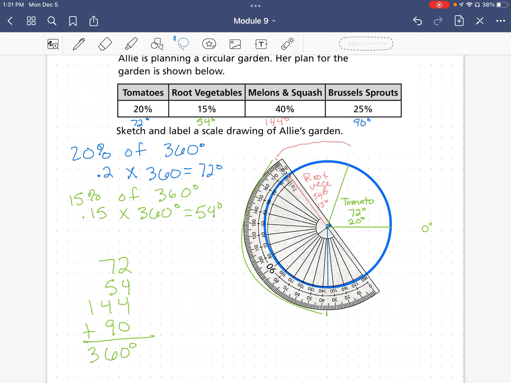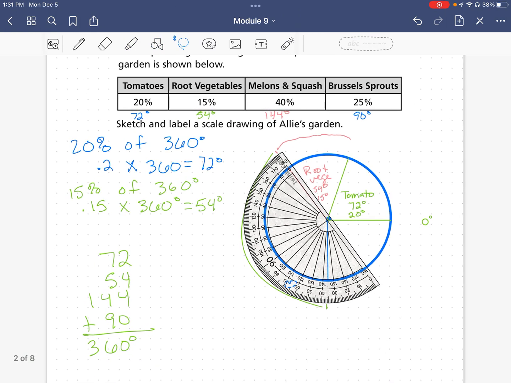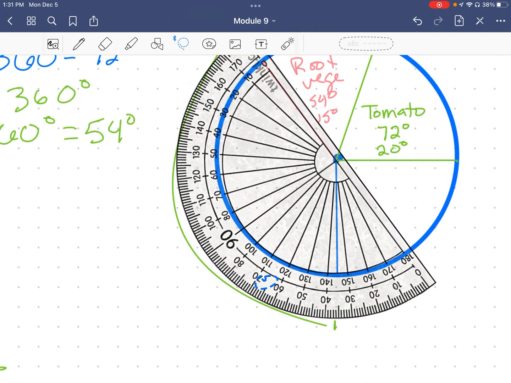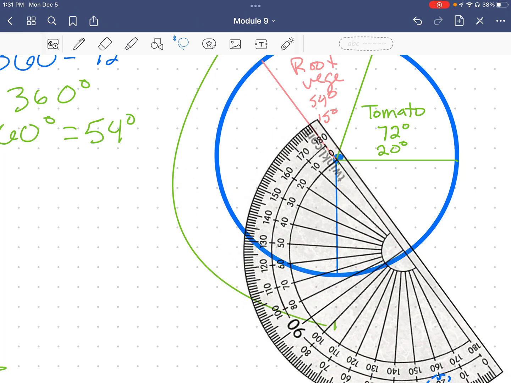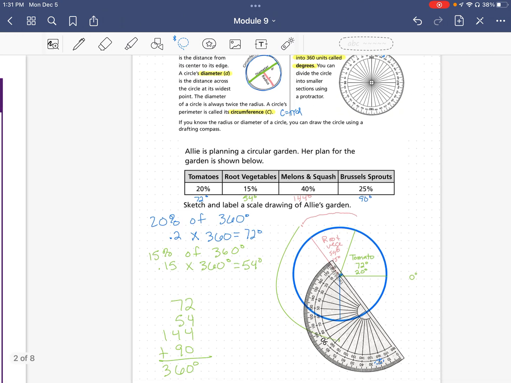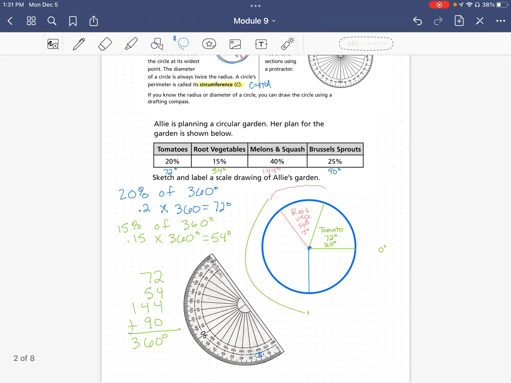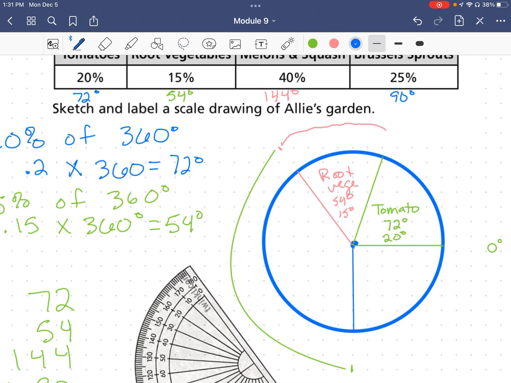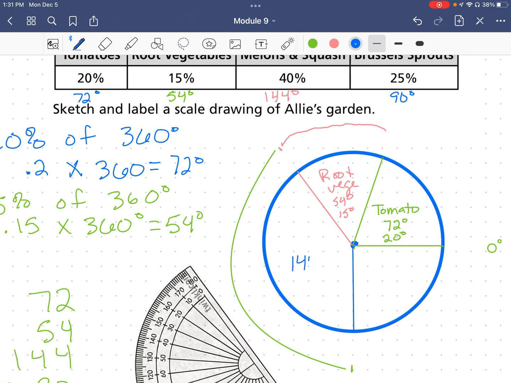Move my protractor out of the way here. And that should get us pretty close to, see, 144, 40%.